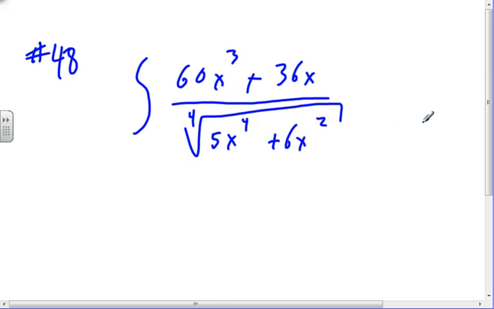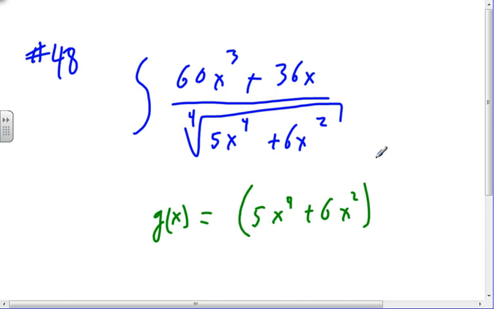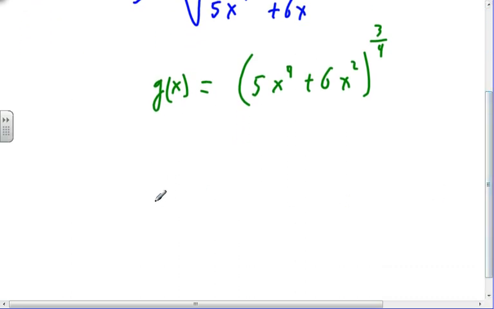Okay, I guess we'll have to guess. So I'm going to do a guess, and I'm going to say this is to the minus 1/4, right? So if I had 5x to the fourth plus 6x squared raised to the 3/4, and I subtracted 1 from that, I would have minus 1/4. Okay, so that's going to be my guess. Now I'm going to take the derivative of my guess.